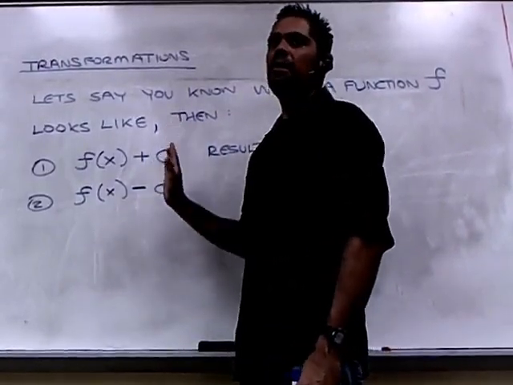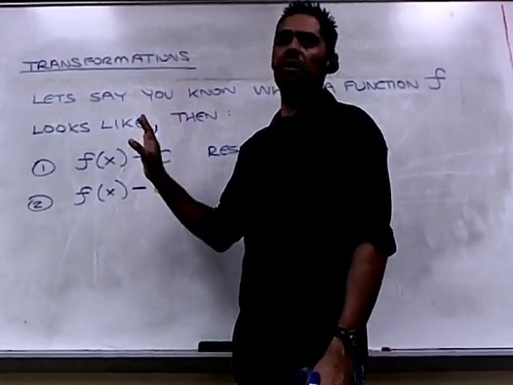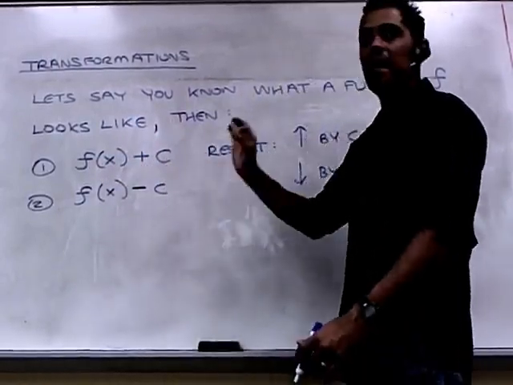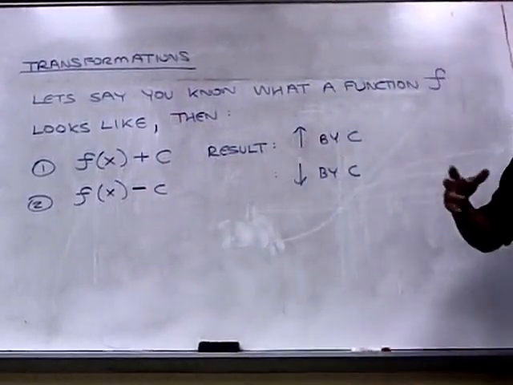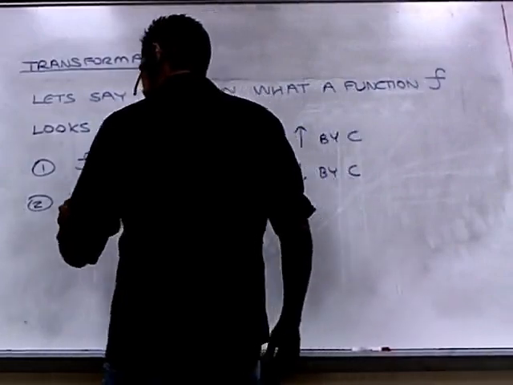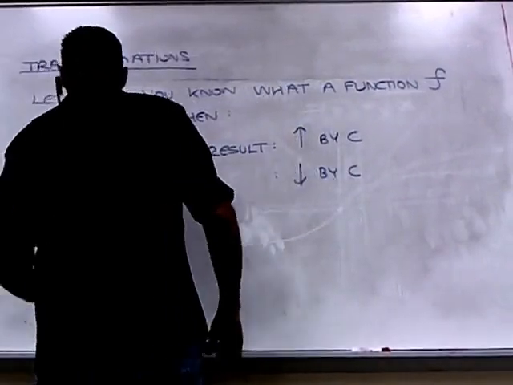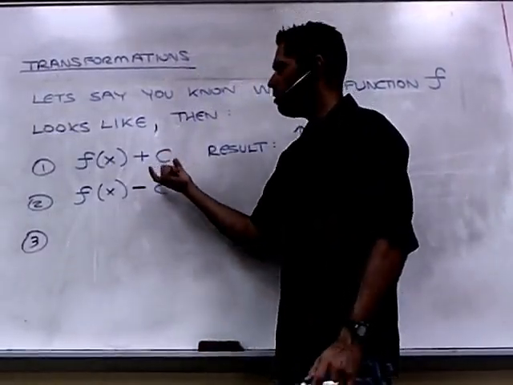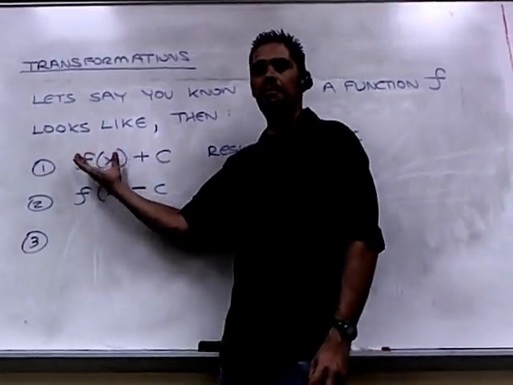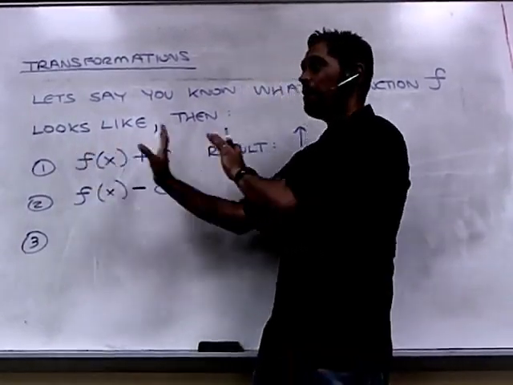You can move up, down, left, right. As you'll see, we can flip and do other things. So that by itself, yes, but if it's combined with other transformations, it may not be the y-intercept. Good question. Okay, so that's adding a number to the function, right? I want you to notice where this adding took place. The function's sitting here, right? And the number we added was separated from the function.